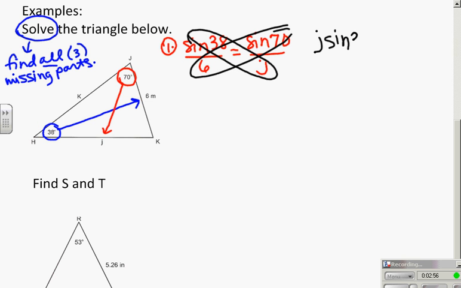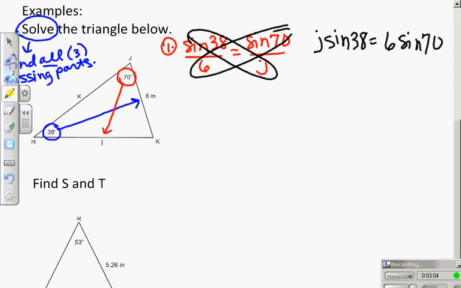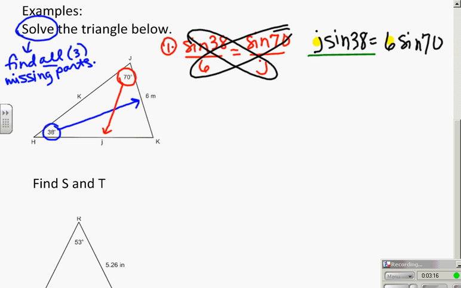And so I have j sine of 38 equal to 6 sine of 70. Again, notice that I'm very careful about putting that constant term in front of the sine ratio so that when I enter it into my calculator, I don't get confused. I want to isolate j, so I'm going to divide both sides by the sine of 38.